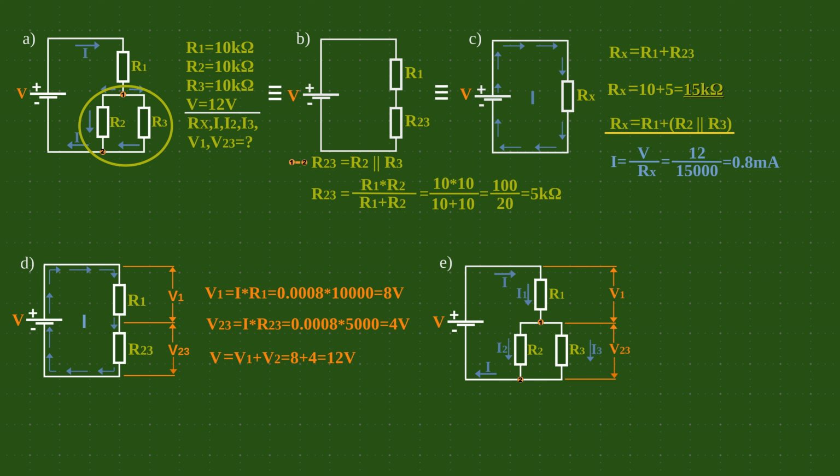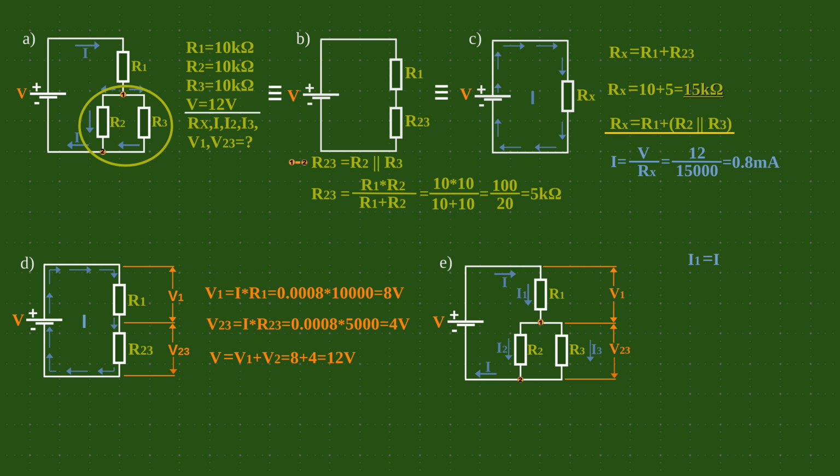And now we return to the initial diagram, denoted by E. Since we calculated the voltages V1 and V2-3, it remains to calculate the currents I2 and I3. For this calculation we use the voltage V2-3, which is common to resistors R2 and R3.